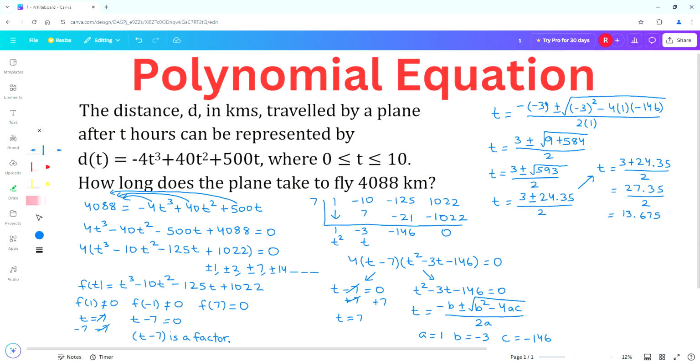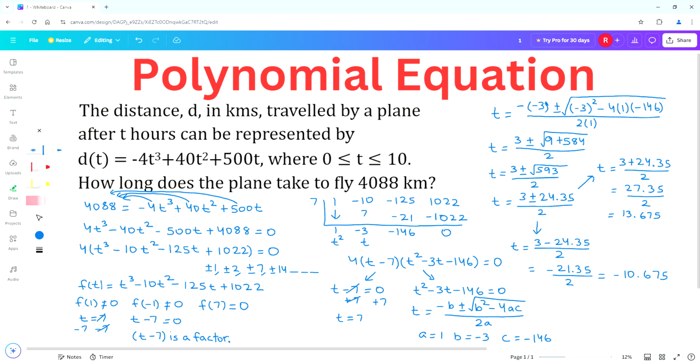This is the first value of t. For the second case, we can do the same, so this is the second t value.